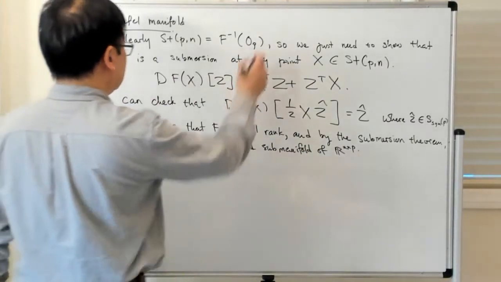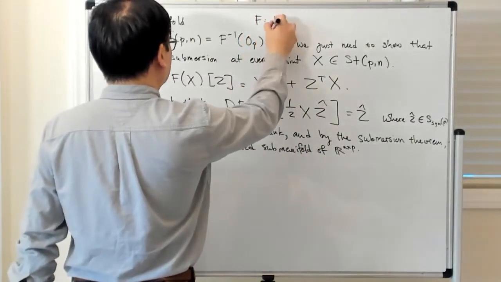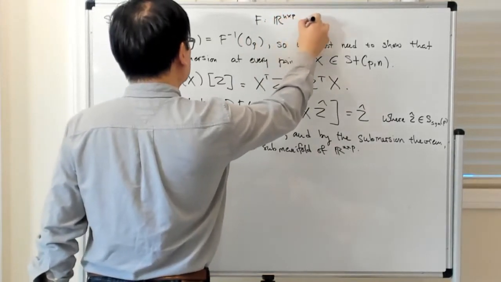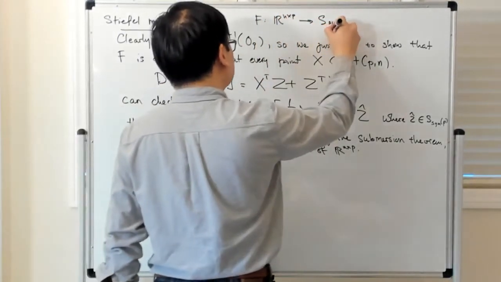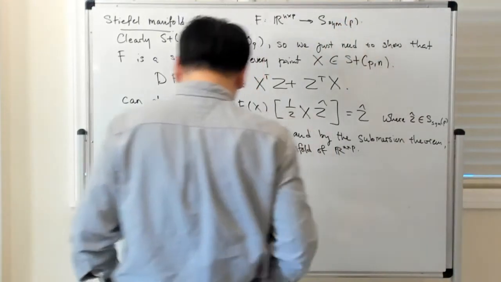F, if you recall, was a map from R n cross P to the space of symmetric matrices of dimension P by P.